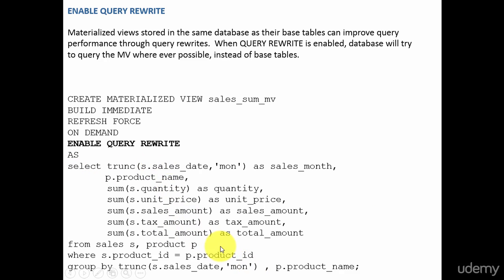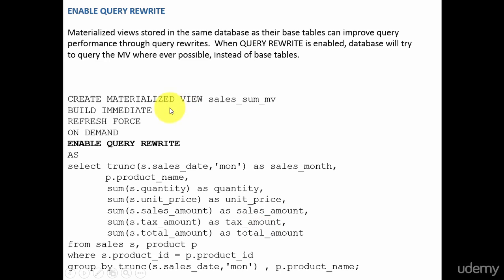I am aggregating or summarizing the data at a sales month and a product level, and I'm just getting the aggregated values of quantity, unit price, sales amount, tax amount and total amount. So I am taking those 1 million rows present in the sales table and aggregating them down to maybe 1000 rows or 10,000 rows, depending upon the group.